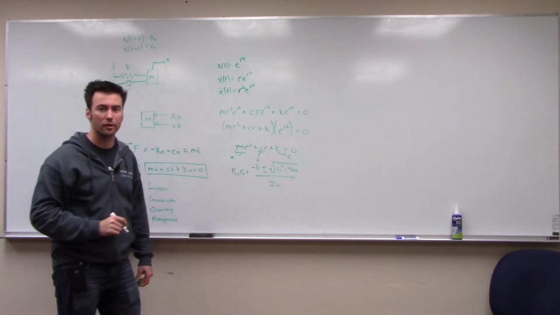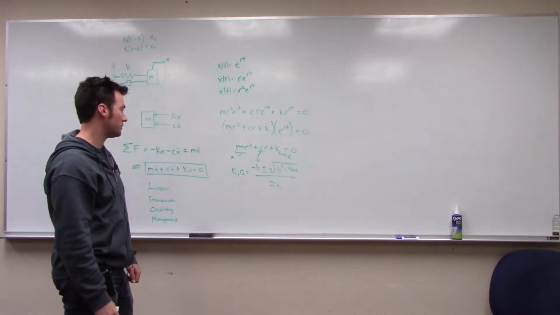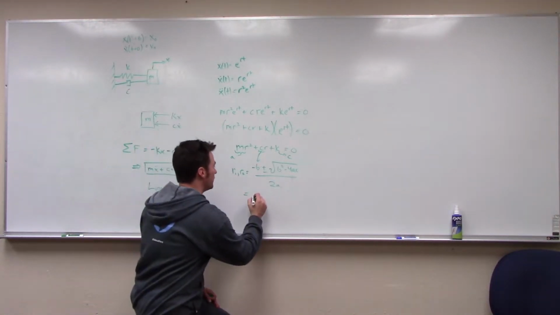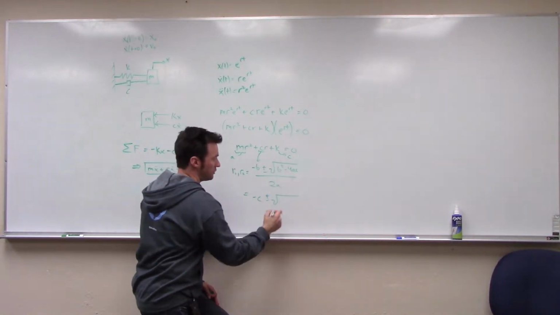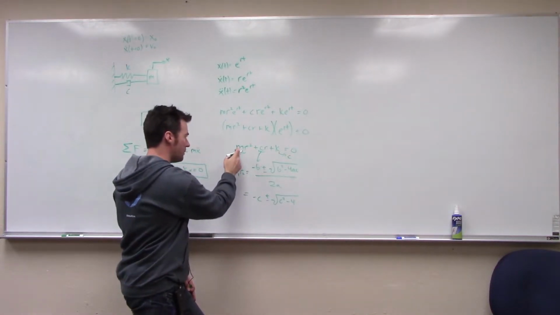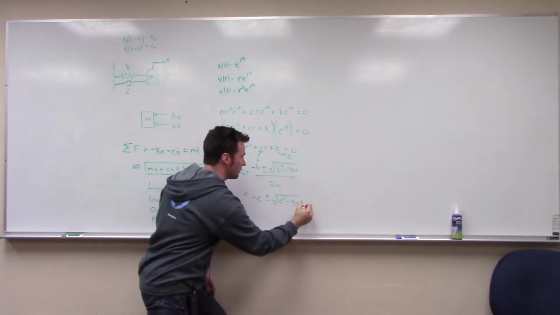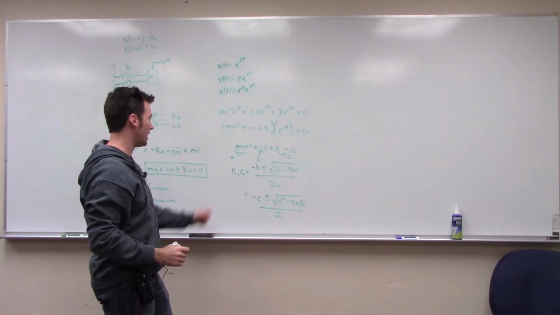I used that same letter there. Oh well, this is the way that we know how to write the quadratic formula. So let's substitute everything in. Negative b, so that's really negative c, plus or minus the square root of c squared minus 4 times m times k, all over 2 times a, which is m.